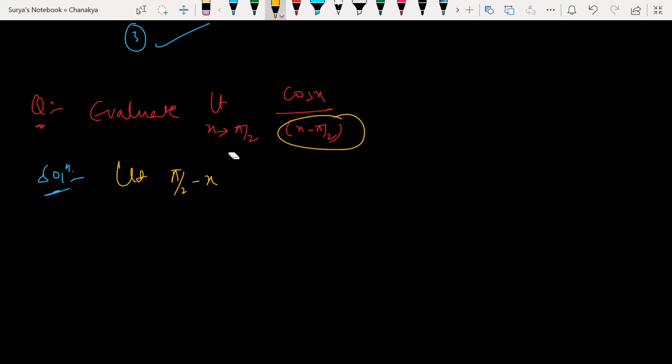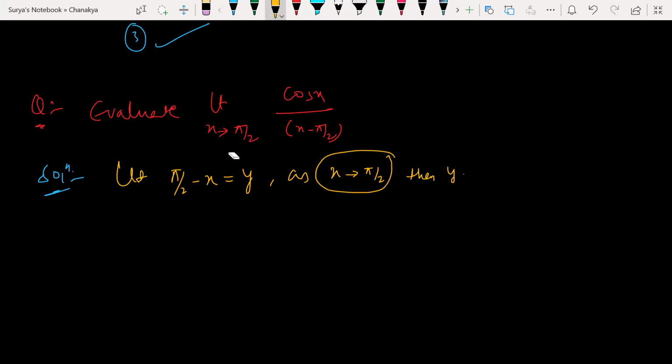If I put x as pi by 2, then pi by 2 minus pi by 2 is 0, so the denominator becomes 0. Let us take this as y, anything you take. So when x goes to pi by 2, y becomes what? y tends towards 0. Do you agree with my point? Only when x is pi by 2 does y become 0.